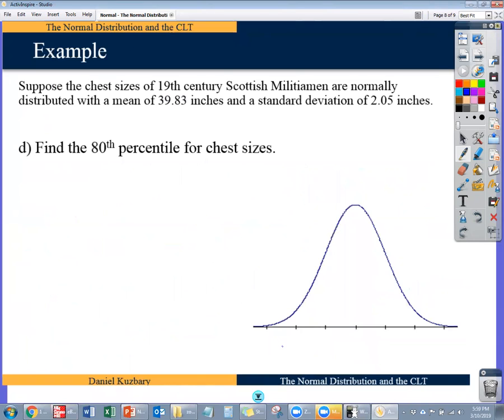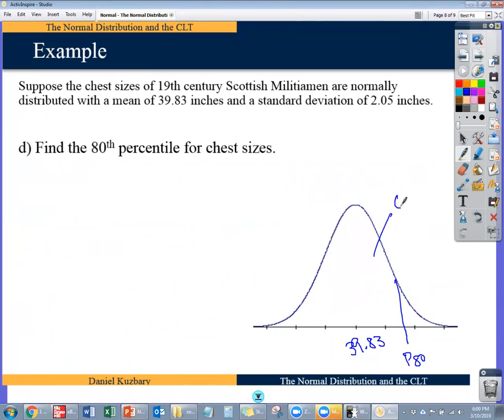I want to find the 80th percentile for chest sizes. So I'm going to start with my mean here. And I'm going to find the number, whatever that number is. That's going to be my P80.